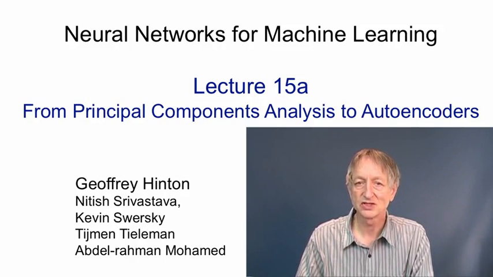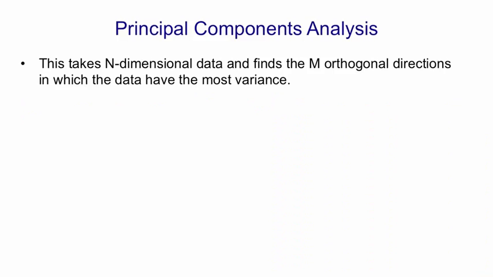This enables us to deal with curved manifolds in the input space. So we represent data by where it gets projected on the curved manifold, and this is a much more powerful representation.